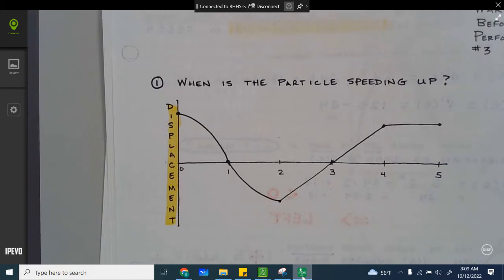It's slowing down because of the loss of proportion. Is the velocity on this graph listed? I mean, really. It's going, so speeding up.